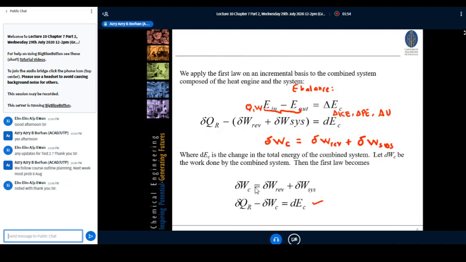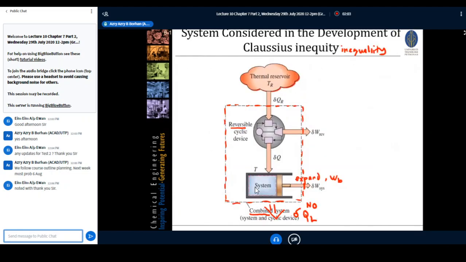Now, from there, we have taken into account the thermodynamic temperature scale, based on this particular diagram. You have delta QR supplying heat to the reversible cycle device, and it converts part of the heat received into work reversible and rejects some part of the heat into the system.